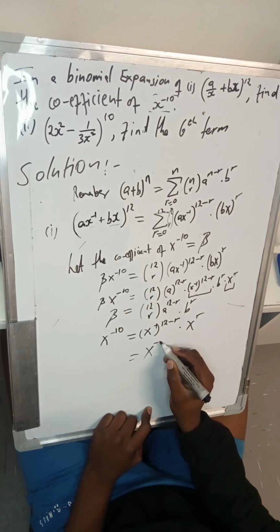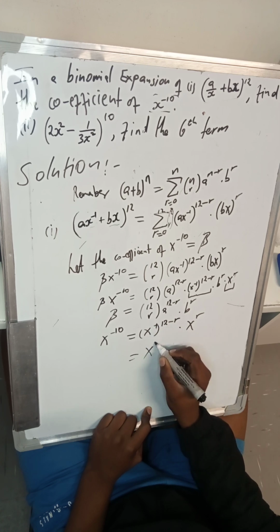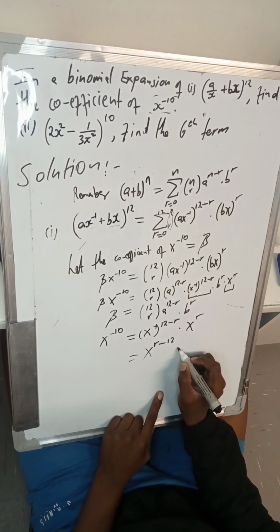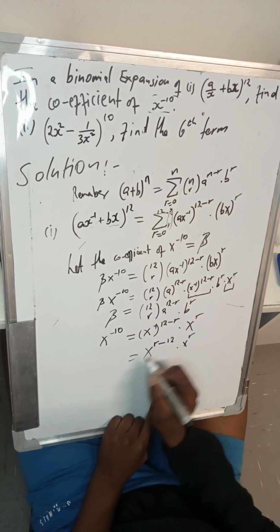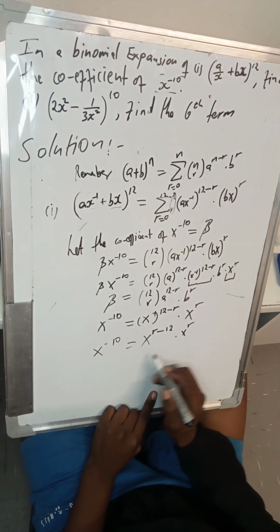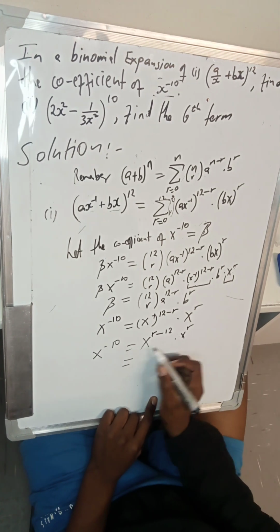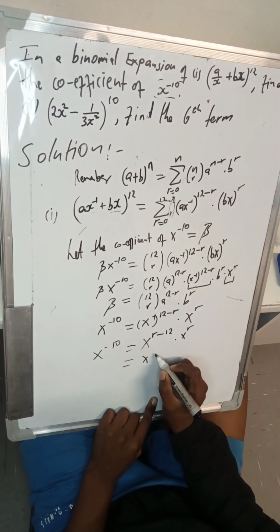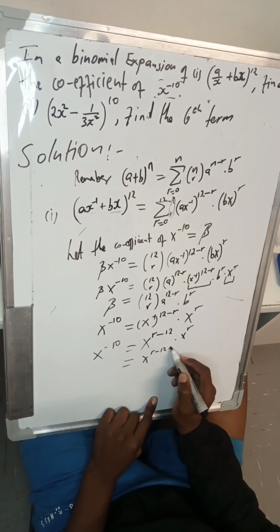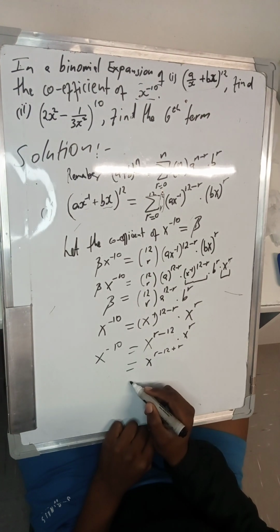So x to the negative 1 times 12 minus r, times x to the power r, equals x to the negative 10. Multiplication of the same base gives x to the power r minus 12 plus r.